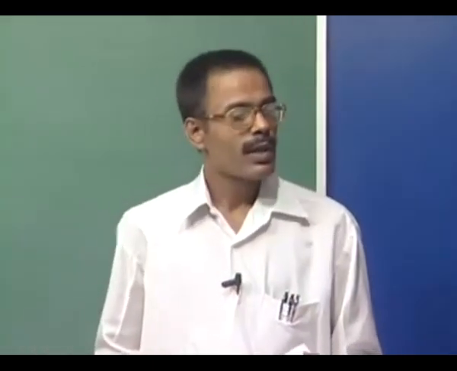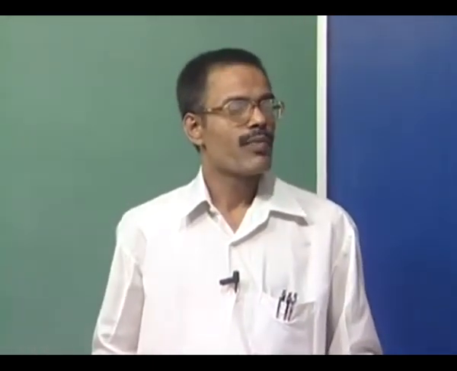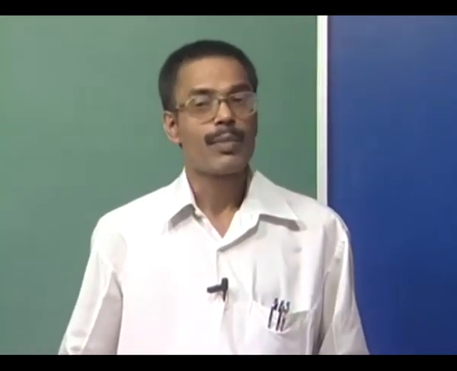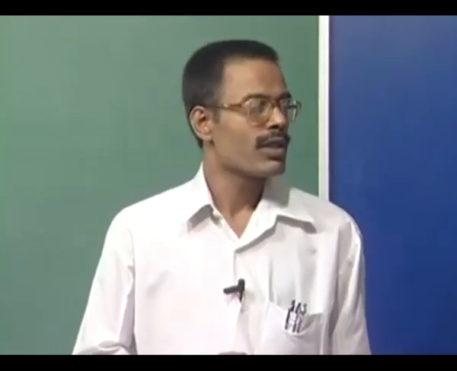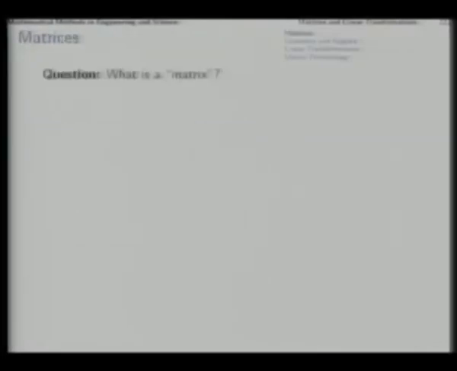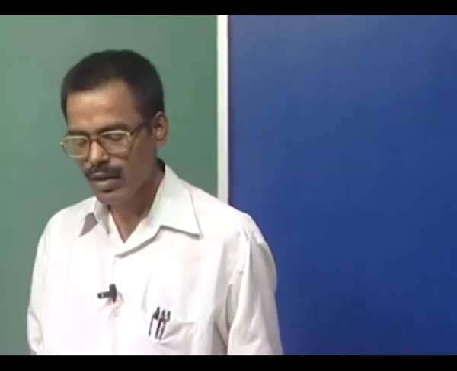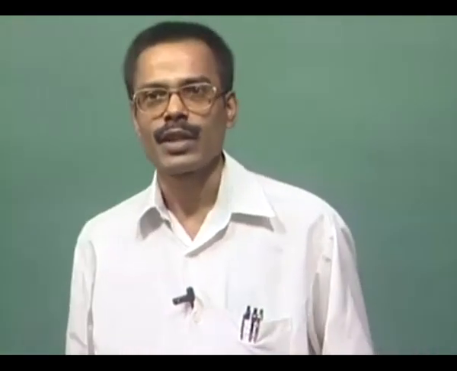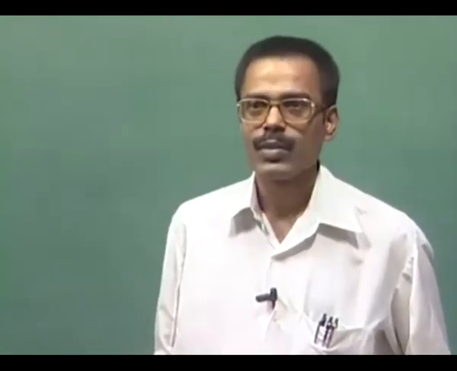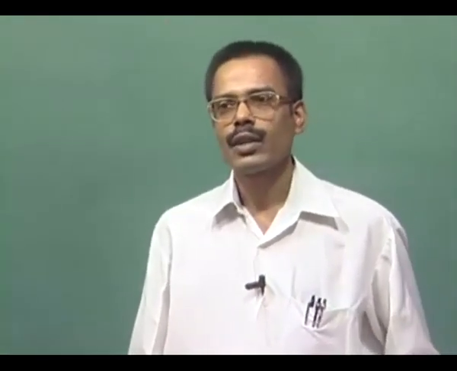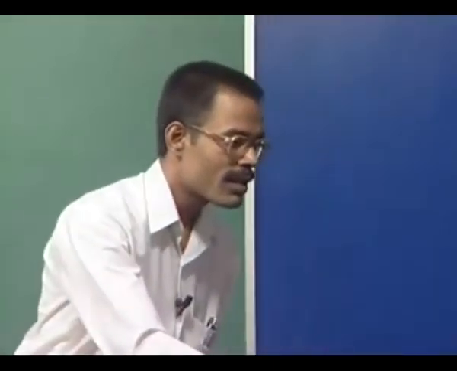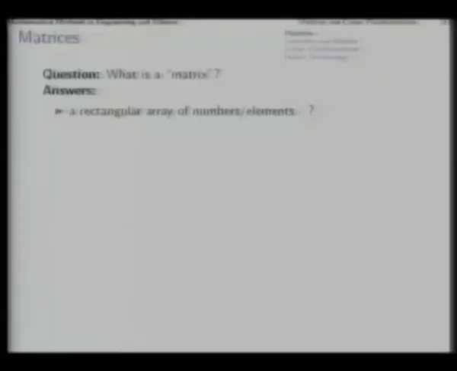Next, we proceed to the first important lesson of this course, and that is on matrices and linear transformations. When I ask this question, what is a matrix, to a classroom, typically the answer that I get is it is a rectangular array of numbers or elements, something like this.